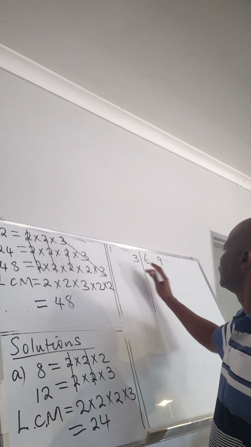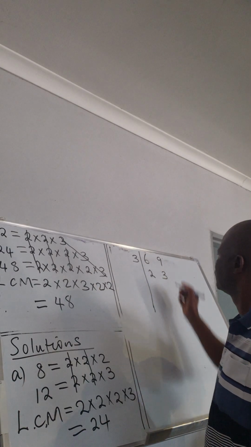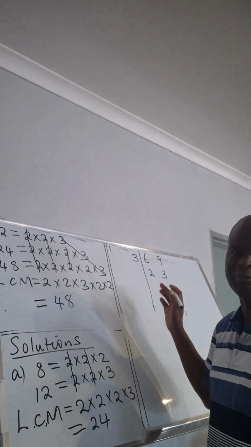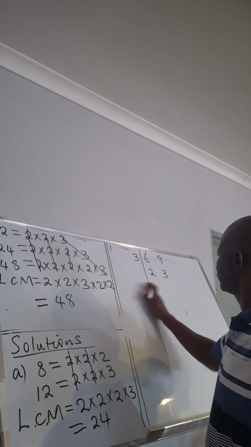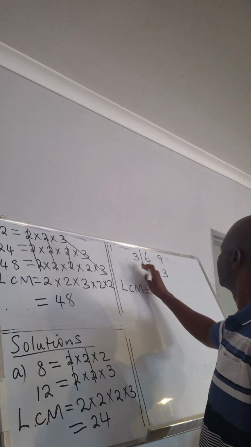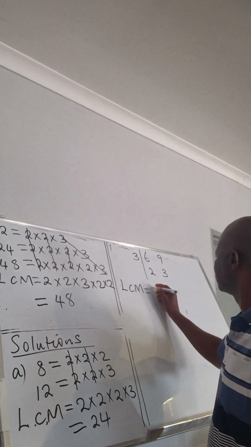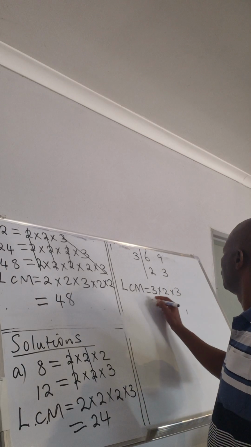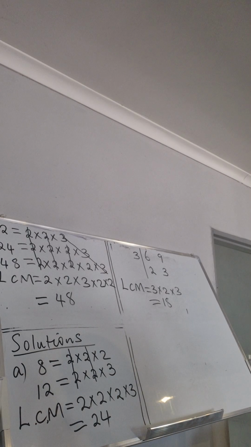Now 3 into 6, you get 2. 3 into 9, you get 3. Then here now, you no longer have any number that divides both of these two. So now your LCM becomes this 3 times the 2 times the 3. So it's 3, this one, times 2 times 3, which becomes 18. 18. And that is another method.